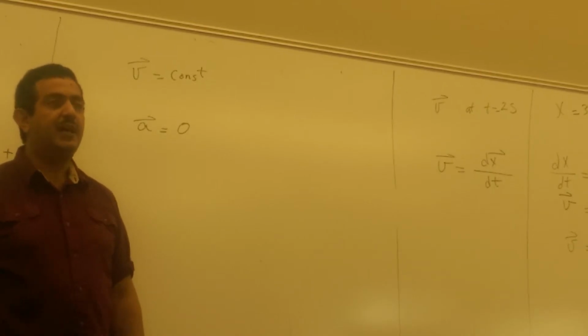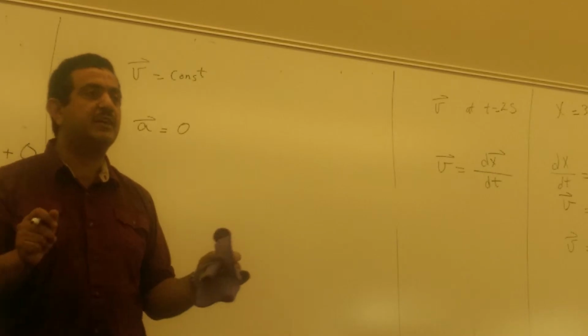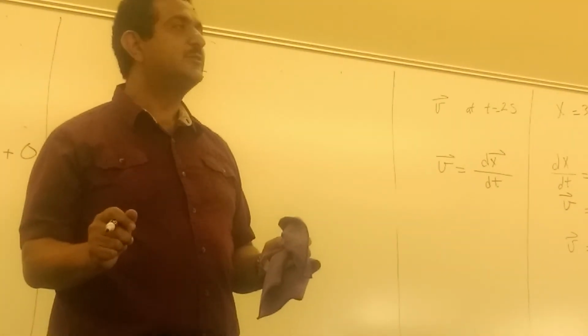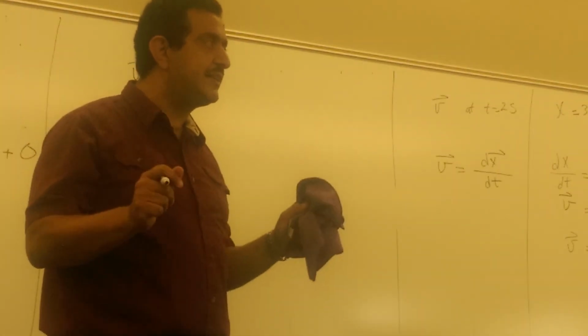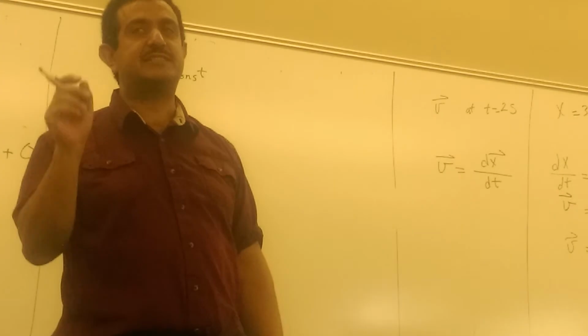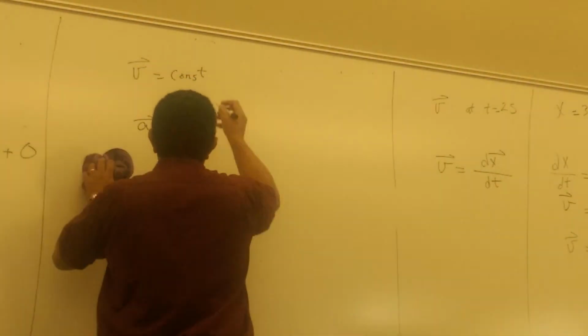So remember, a car going with constant velocity, do you know what the acceleration is? Yep. So if you ever see constant velocity, immediately something should flash in the back of your mind. Acceleration is 0. Now, let's take this case.